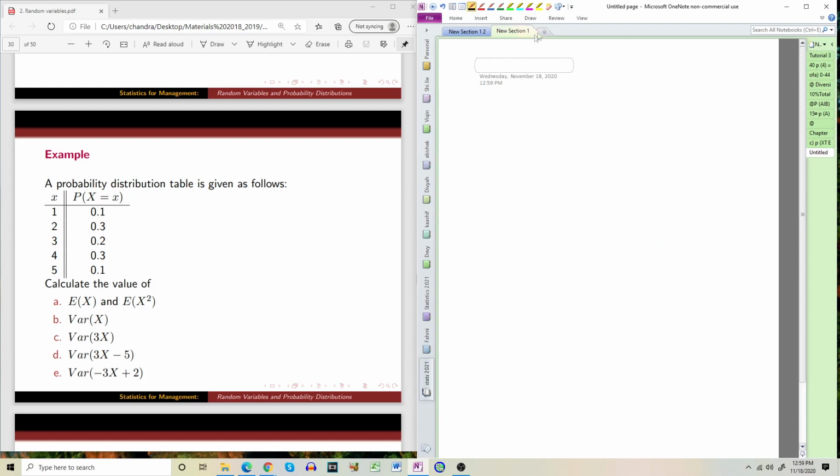For example 3 here, I give you the answer. For A, this one I taught you just now, you should get 3, and this one you should get 10.4.